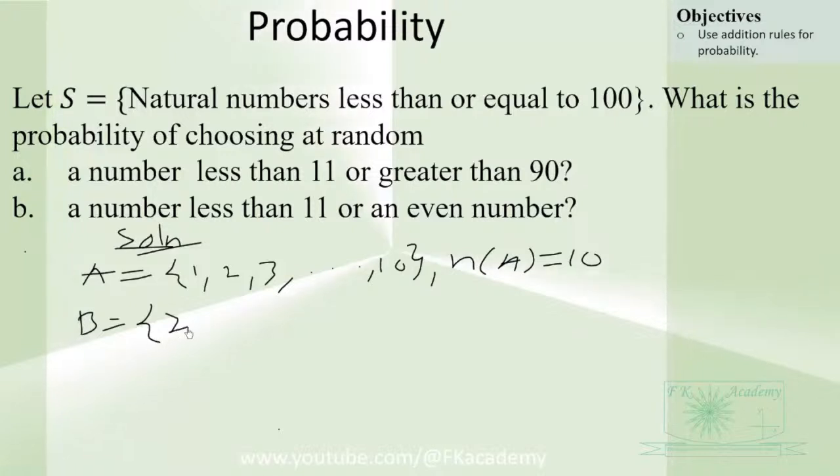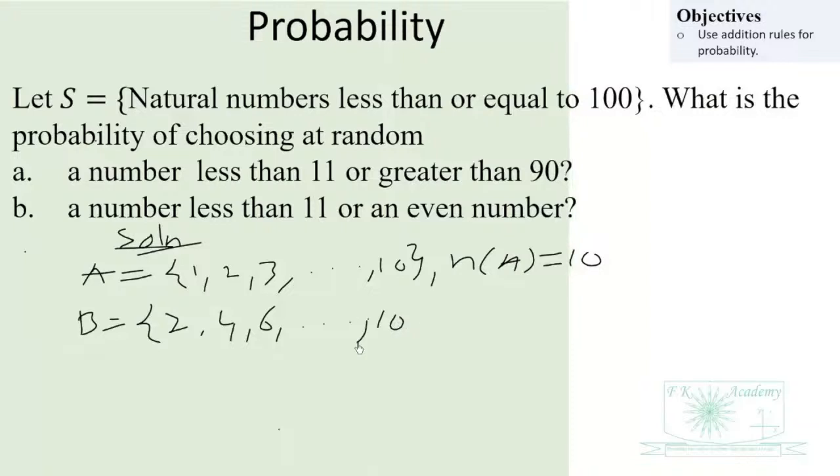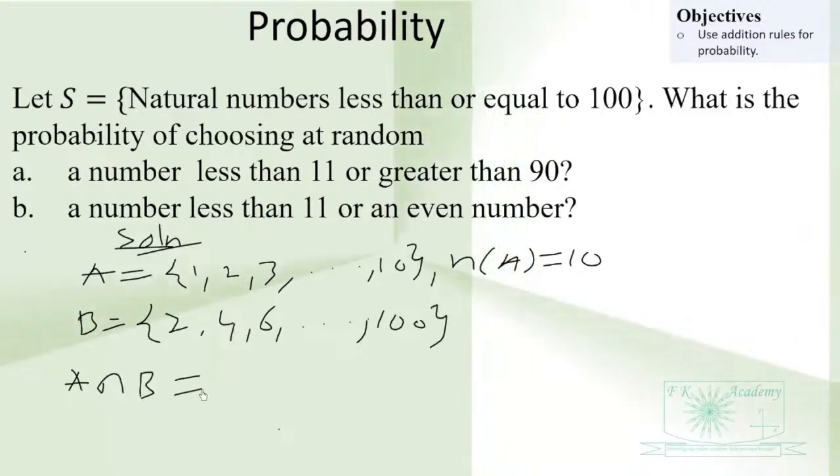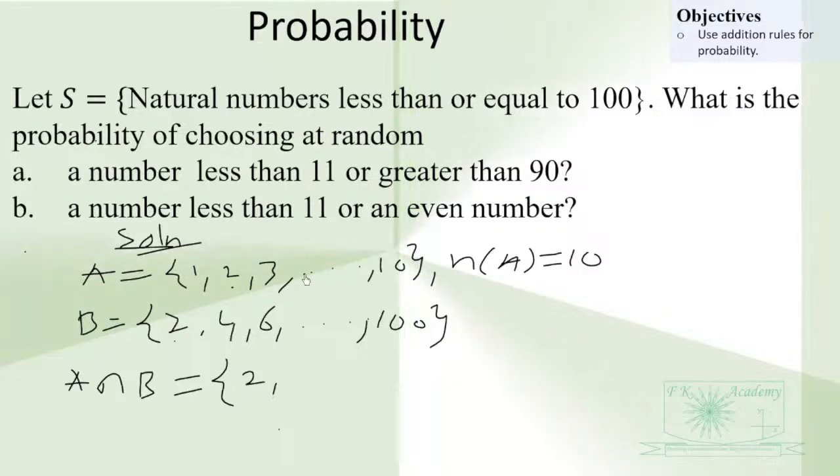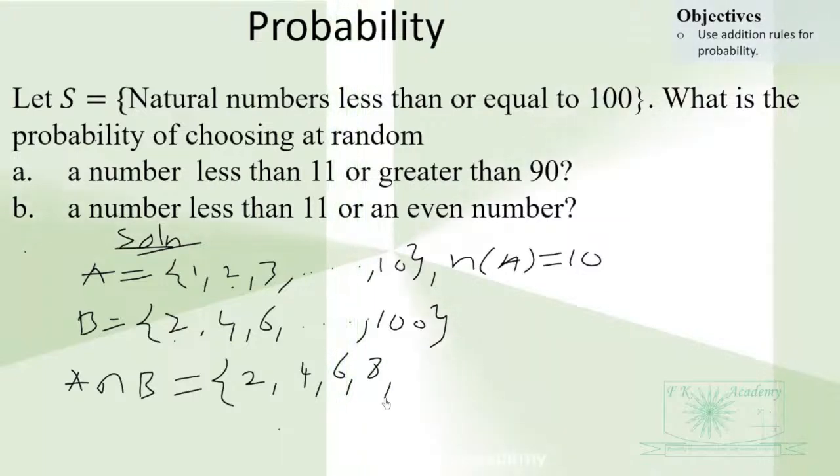So even numbers will start from 2, 4, 6, and so on, up to 100. Can we find A intersection B? Is there any element in both A and B? Let's find out. There's 2 here, there's 2 here, and there's going to be 4 common. There's going to be 6 common to both. There's going to be 8. There's going to be 10 as well.